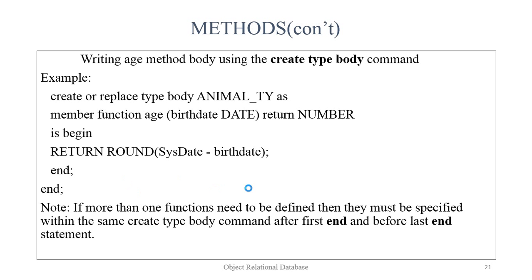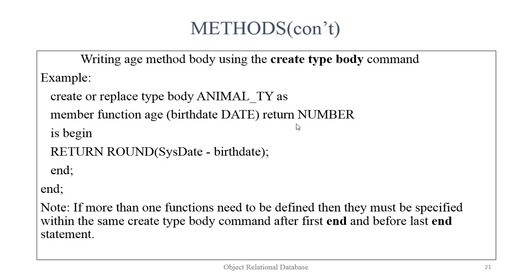Writing the age method body using the create type body command. In this example, a member function called age is defined within the animal_ty object type, and it is defined by using the keyword is, begin, and it should be ended with the keyword end.